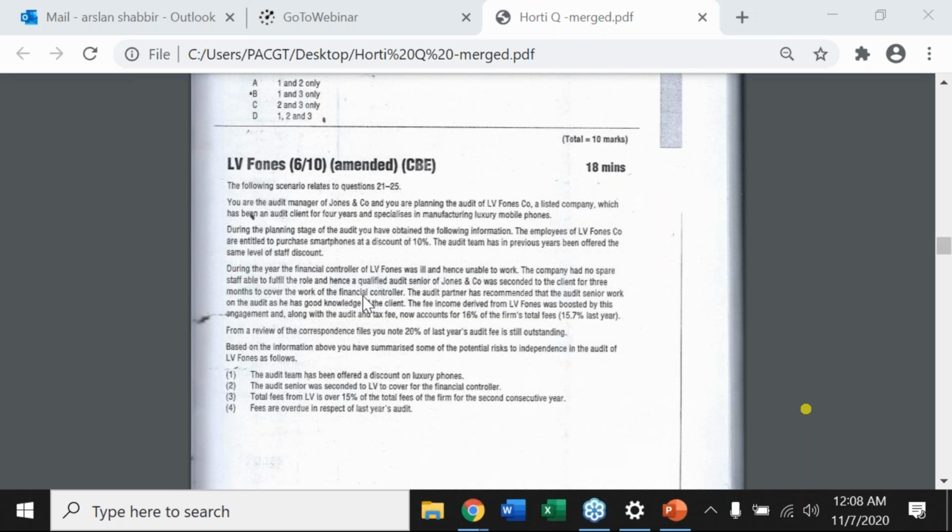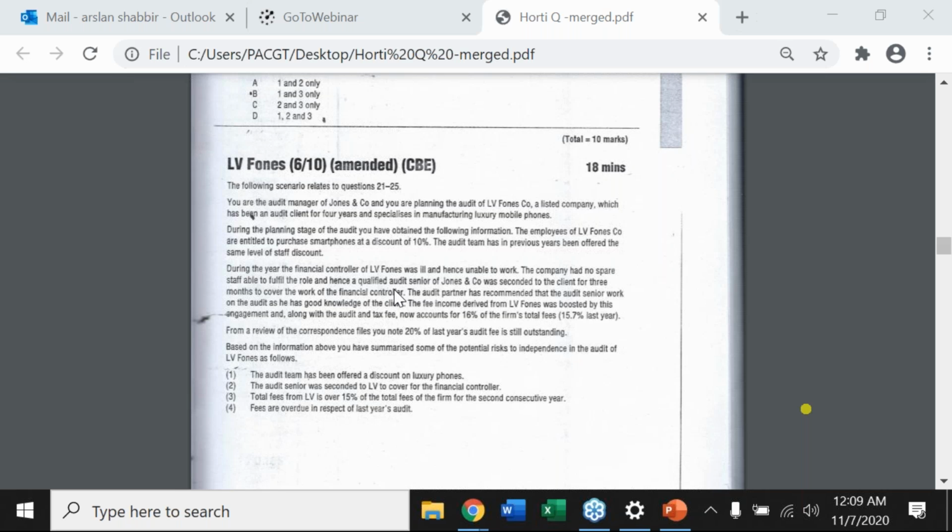So this is the first threat, the self-review threat, which can exist. Generally, this is the self-review threat, where the firm's personnel is doing the work of the client.